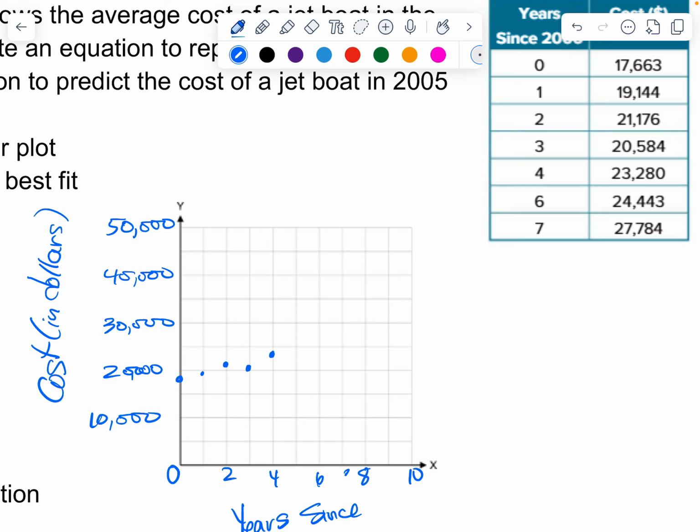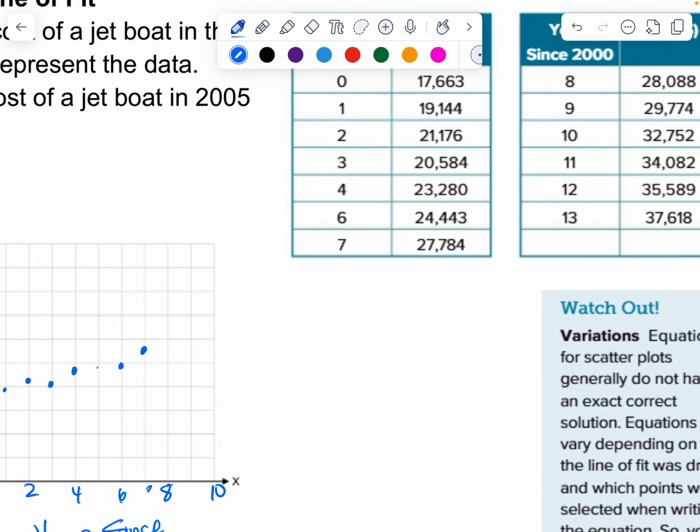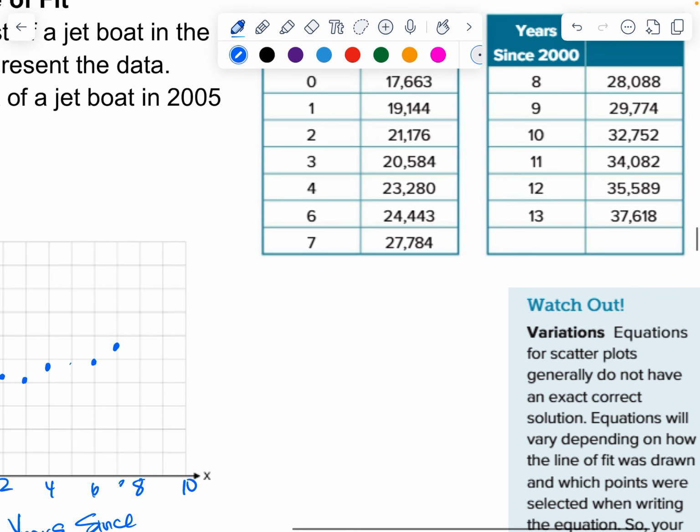So that's closer up here. 6 is 24. Oh, we skipped a number. That's why. 24. 7 is 27. Okay, then 8 is 28.